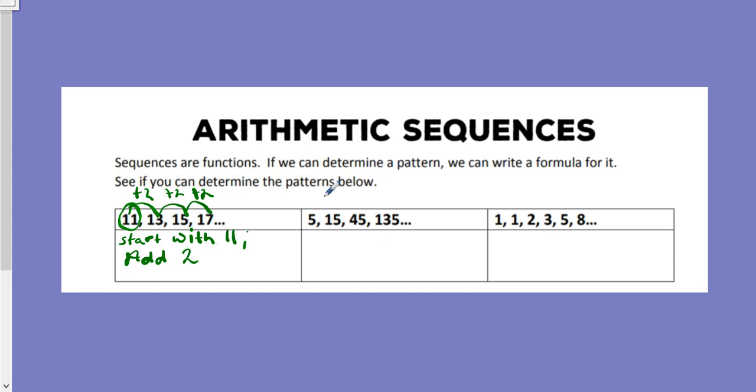And the next one, we can see that I'm starting with 5. And each time I'm not adding, but I'm multiplying by 3.